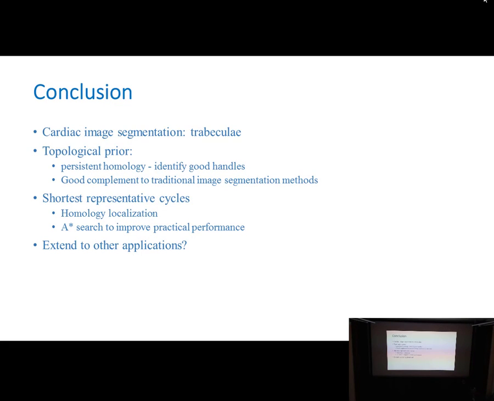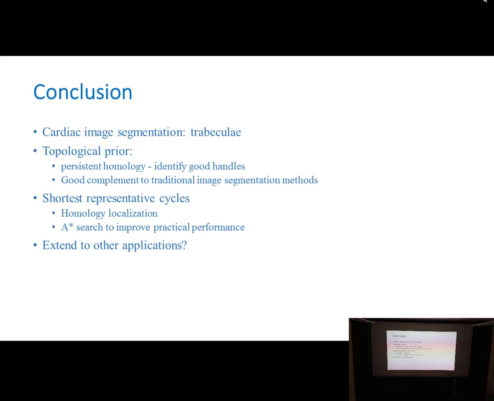Hopefully this evidence will help us in practice. So just to summarize, we have cardiac image segmentation, and the basic idea is to apply this topology prior to help us figure out the trabeculae, and then use it to reconstruct with high accuracy. And then the additional problem is sometimes we need to find the optimal cycle representing these handles.